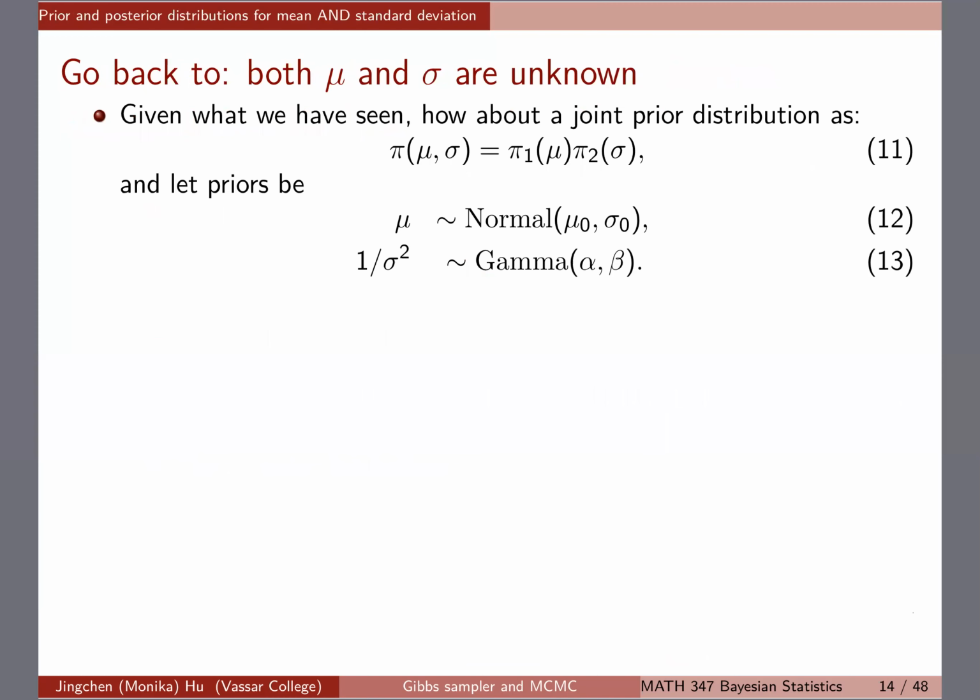So let's go back to the case. Mu and sigma are unknown. I'm throwing out things here. Don't worry if you are not too sure why this is the case for now. But we're gonna decipher it step by step. So let's think about a joint prior distribution in terms of equation 11. You see that I break out the joint prior of mu and sigma to be pi 1 mu and pi 2 sigma.